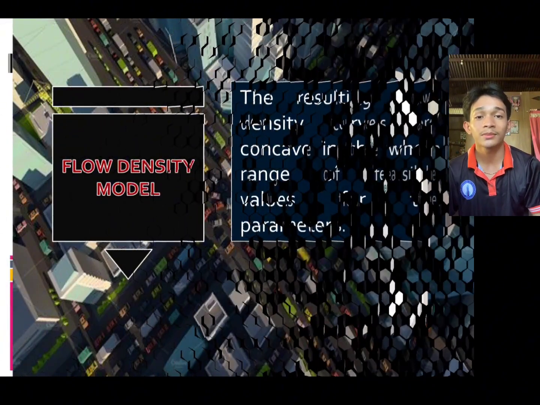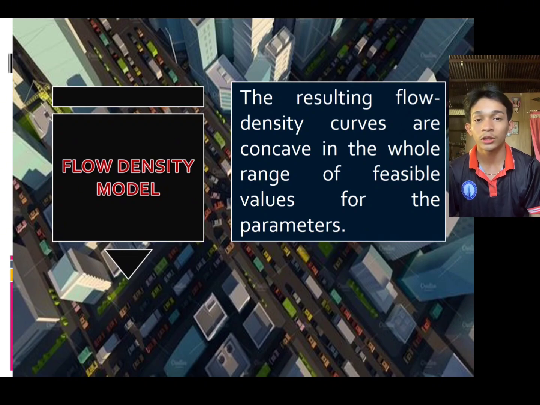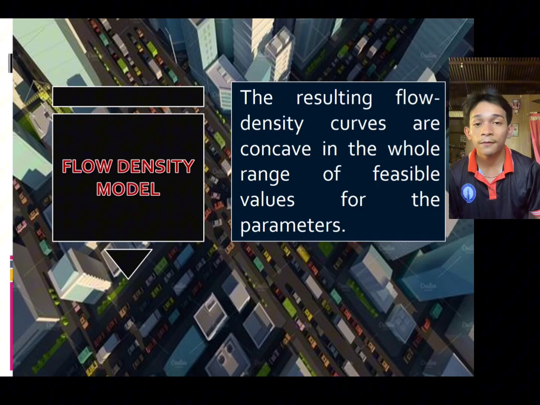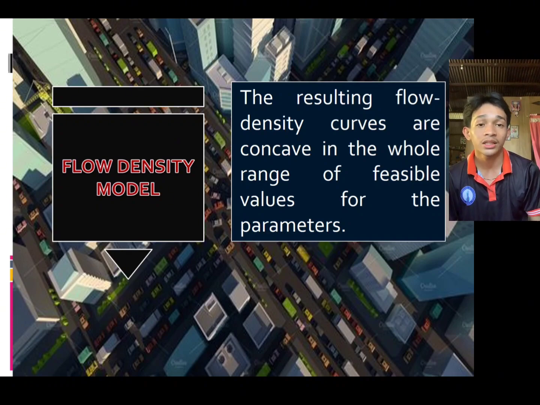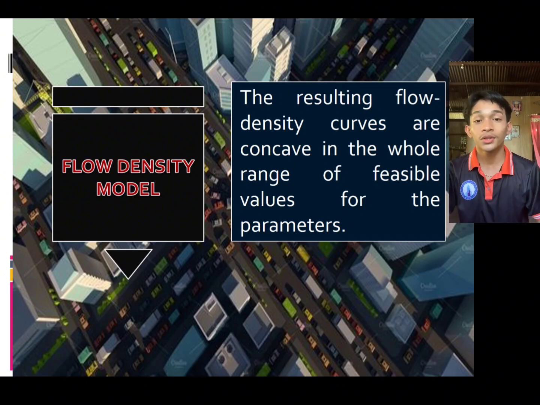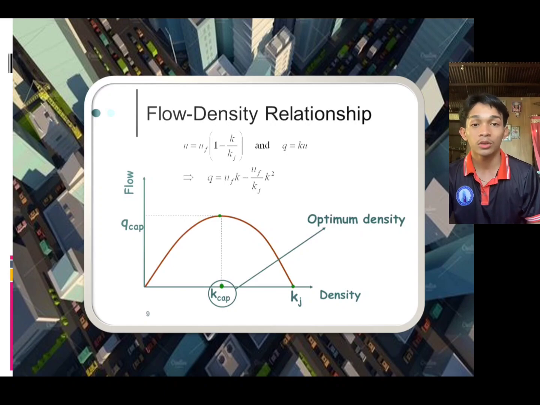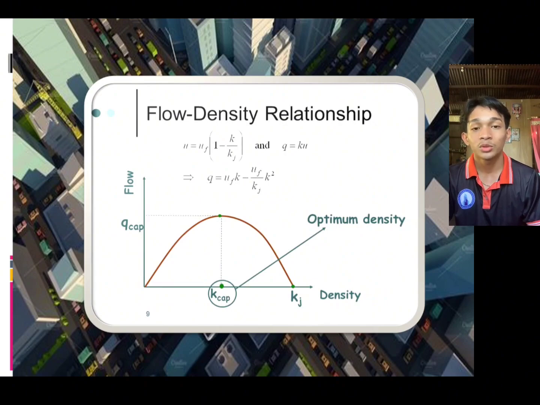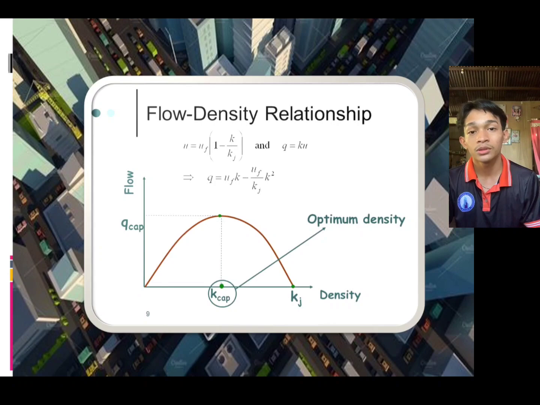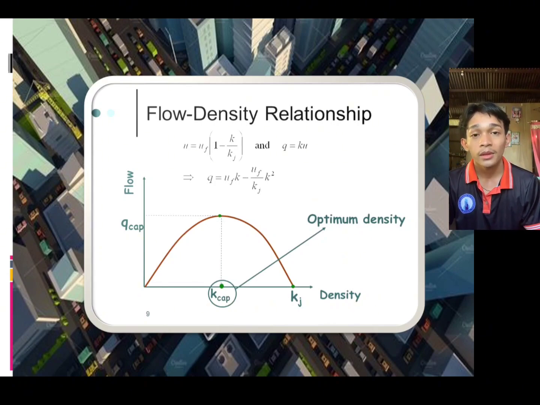So next is the flow density model. This model describes the correlation between the traffic flow and the traffic density. Traffic flow is the rate of vehicles passing a given point in a roadway. As you can see, the flow density model is a parabolic graph where the x-axis is the traffic density and the y-axis is the traffic flow, since the traffic flow is dependent on the traffic density.